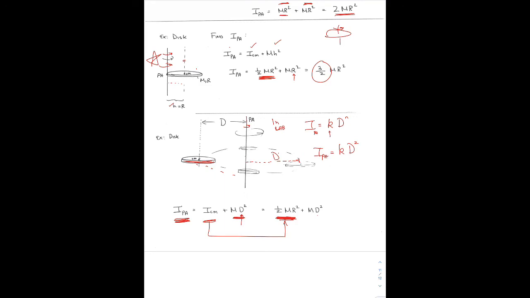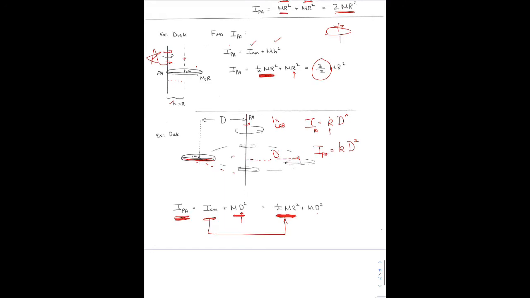So what that means is that if I have a disk rotating about an axis and I triple the distance, so d increases by a factor of 3, what happens to the moment of inertia? It goes up by a factor of 9 because of the square.